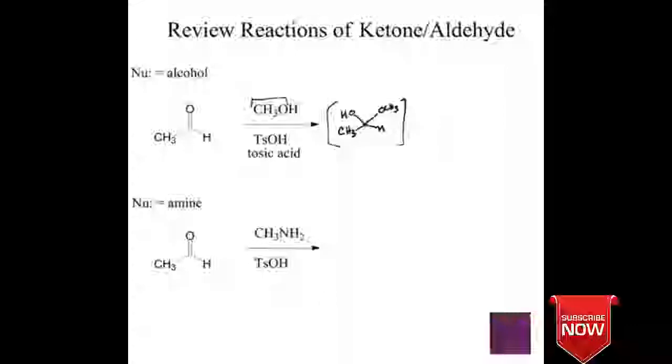Having a single carbon with an OH and an OR group attached is not stable. So instead this continues to react in the presence of acid catalyst, and we end up adding two equivalents of the alkoxy group, and we get out a product known as an acetal. So instead of having a carbonyl, with two bonds to the same oxygen, we have two bonds to different oxygens. We have these methoxy groups.